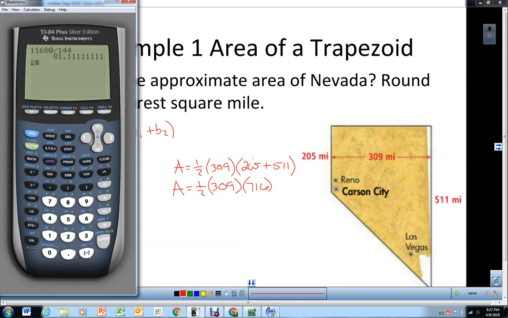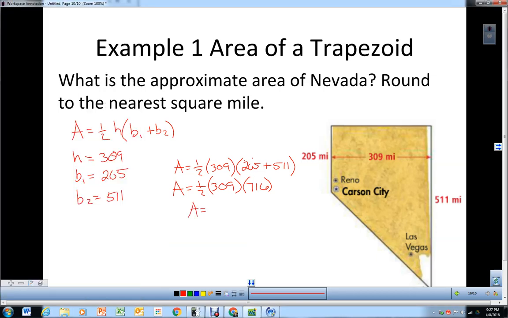And we're going to do 1/2, so we can do 0.5 times 309 times 716. And so our area is approximately 110,622 square miles. Wrote that a little backwards there. We got miles squared.